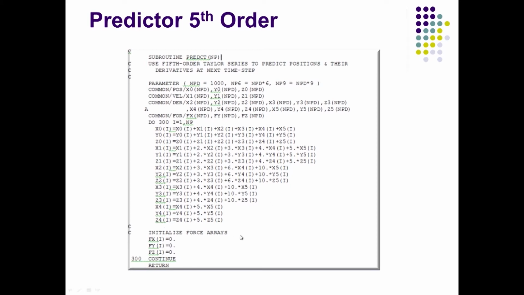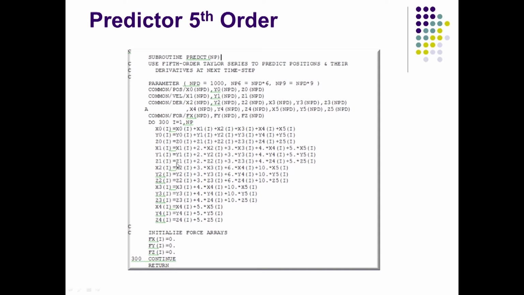Now, with this 5th order predictor corrector, and since we already know the calculations of these, we are able to initialize the force array. So, we start with the f array as 0, and then we calculate the positions first.